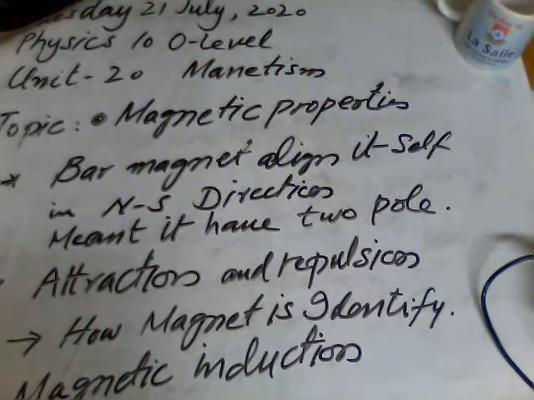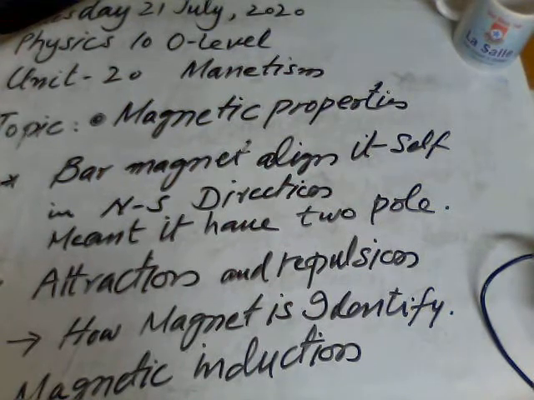If we find a piece of matter and want to check whether it is a magnet or not, we can do so with the help of another magnet, by attraction and repulsion.